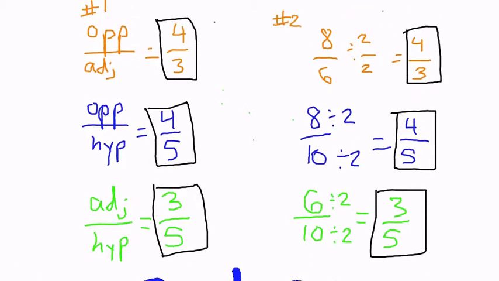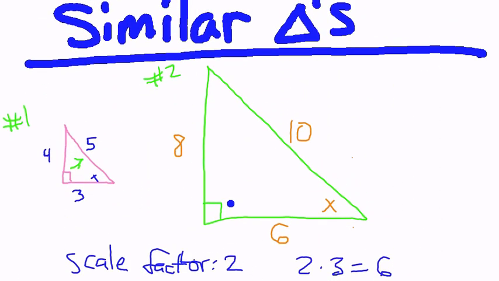So for similar triangles, not only are the sides proportional and the angles congruent, but the ratios of two different sides are equal.